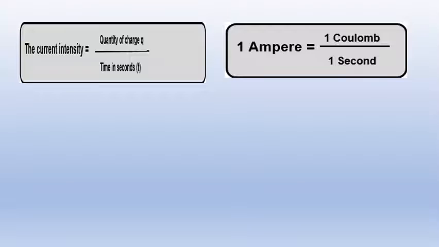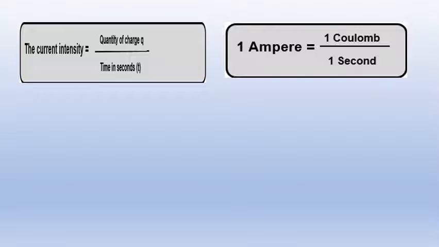If I ask you what's meant by ampere, the answer will be: it is the measuring unit of electric current intensity. So the definition of ampere starts with, number 1, it is the electric current intensity.